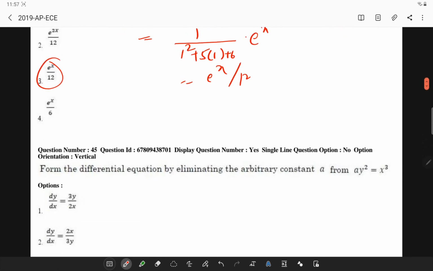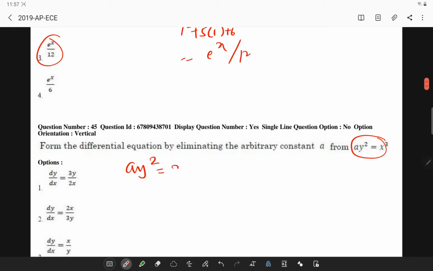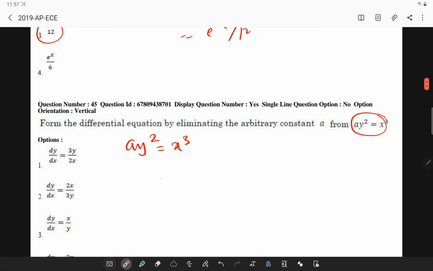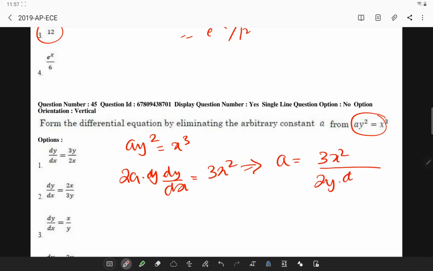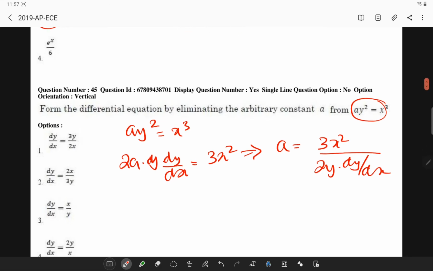So the next question is a differential equation related question. So here you have ay square is equal to x cube, and now if you take the derivative on both sides, 2a into y into dy by dx will be 3x square. So from this I will be getting a is 3x square divided by 2y into dy by dx.